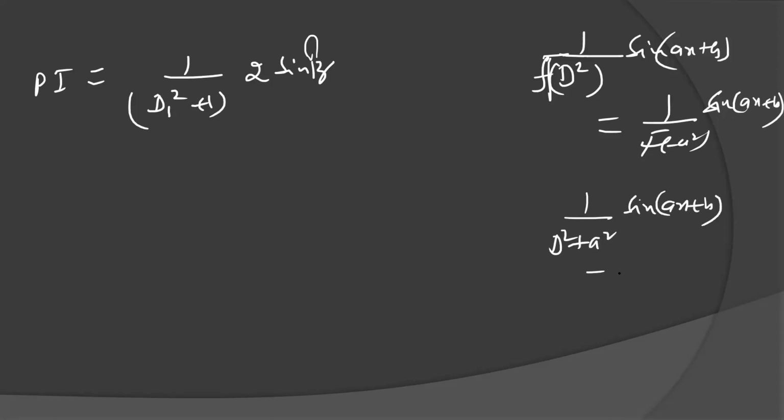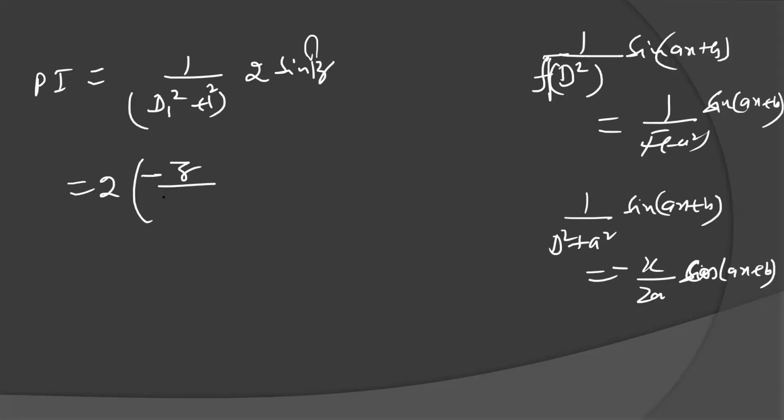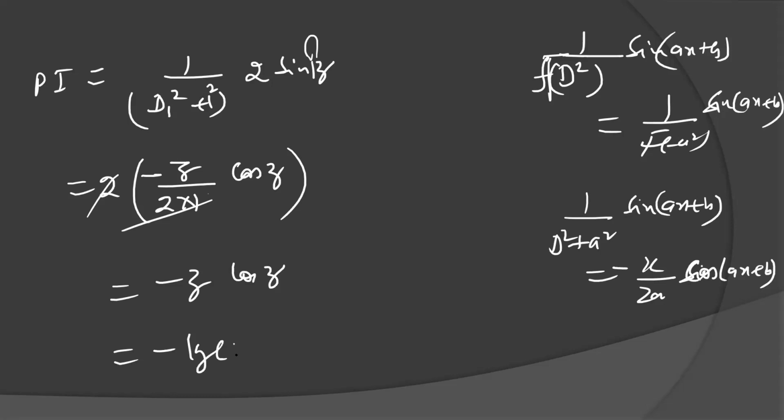I told you this is equal to minus x over 2a cos(ax plus b). So we use this result: minus z over 2a cos z. a is 1, and the 2 is cancelled out. It is minus z cos z. Put the value of z: minus log (1 plus x) cos log (1 plus x). It is the case when the denominator is going to be 0, so we have to apply this result. So this is your particular integral.